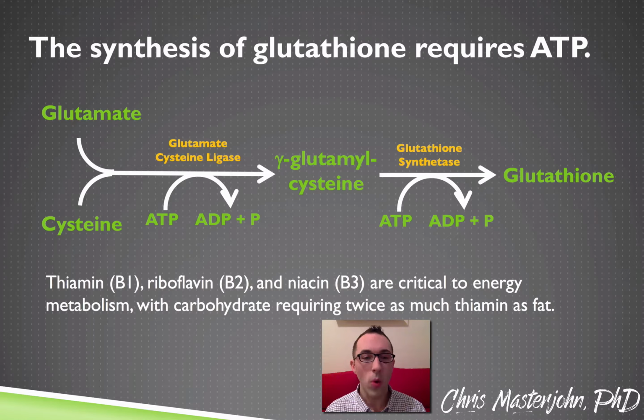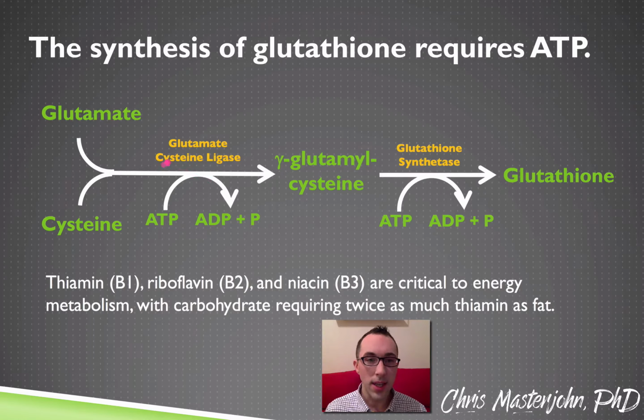Now, the B vitamins involved in energy metabolism aren't only impacting the antioxidant system through the pentose phosphate pathway. Energy itself in the form of ATP is critical to antioxidant defense. Shown on the screen is only one example of that.